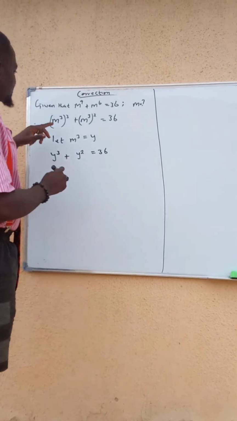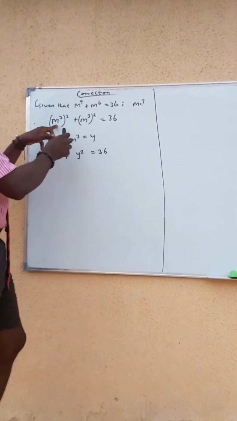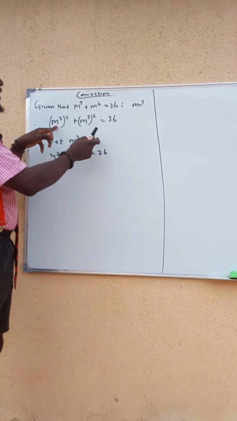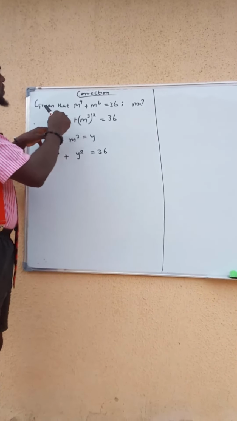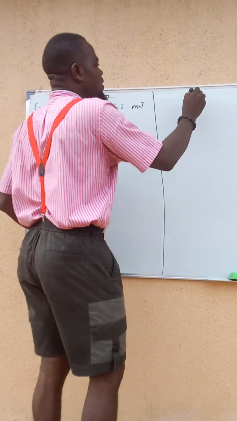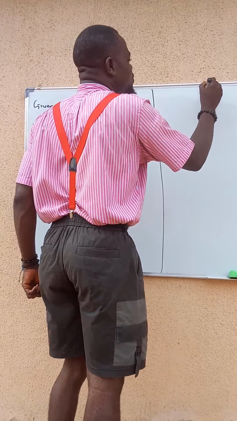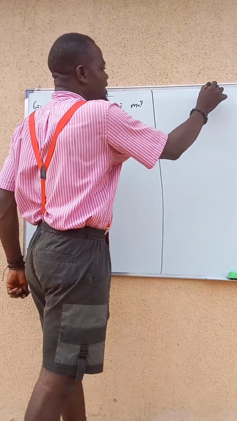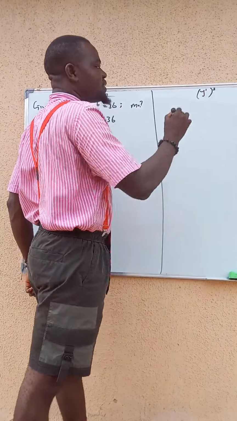You all know what I did here? Anywhere I see m raised to power of 3, I put y. And y is raised to power of 3 because anything on its own is raised to power of 1. So it's like this, y raised to power of 1 to 3.